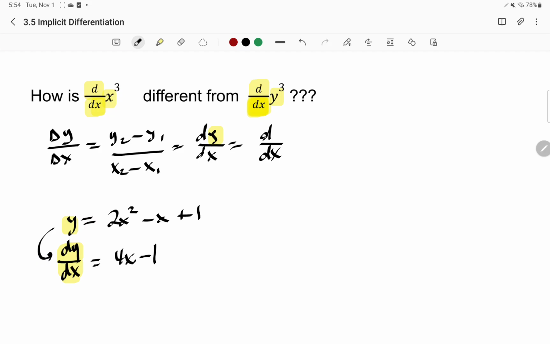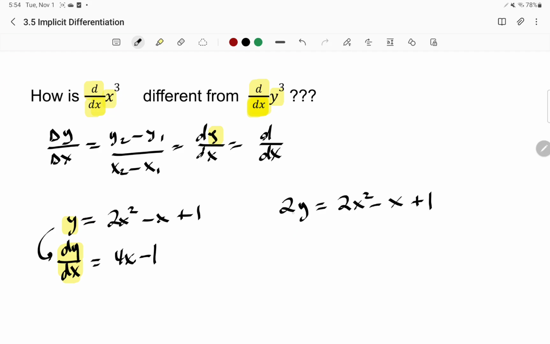So this is a change in y with respect to x. So if we had something like, to begin with, let's say 2y is equal to 2x squared minus x plus 1, we could choose to divide out that 2, or you can choose just to differentiate as it is, understanding that the derivative of y is dy dx.